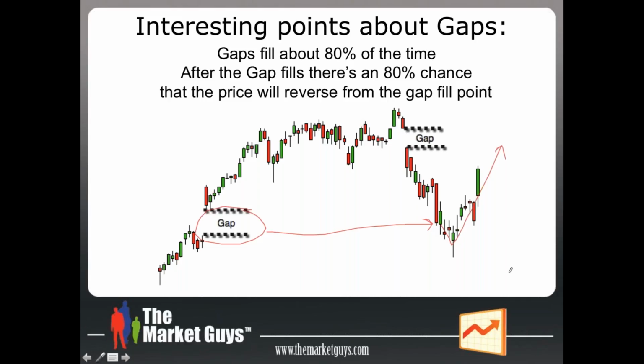So on the left side, you're identifying the gap and putting the date at which the gap formed. On the right side of the chart, mark whether the gap filled and the date at which it filled. And then when you compare the left column to the right column, you'll see that 8 out of 10 times the gaps will fill. It's simple looking at your piece of paper.